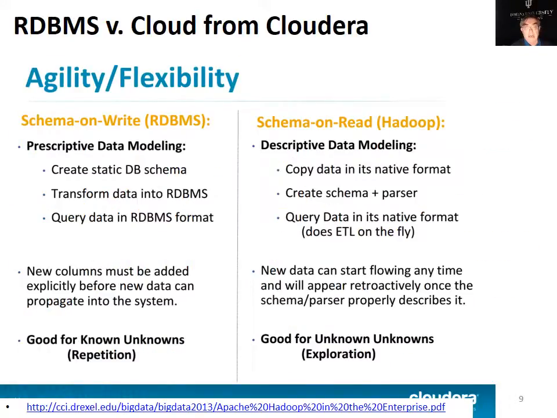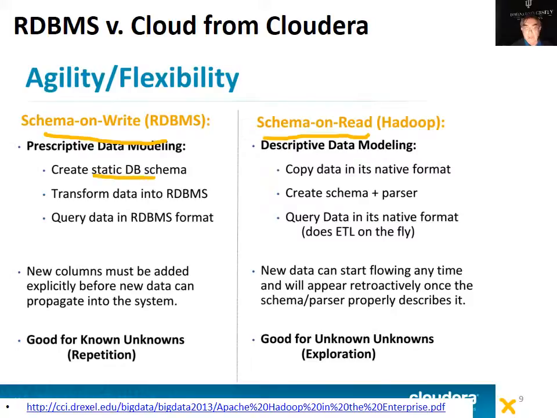Here we have some comparison from Cloudera. I give you the link here at the bottom. Here you have schema on write. That says you have a fixed schema, and you have to write with that schema. And here you have schema on read, which means that you can effectively define the schema for the data you're reading from a less structured storage mechanism.